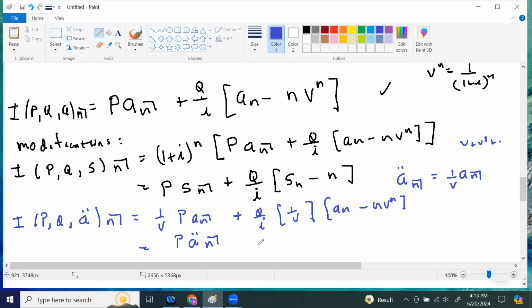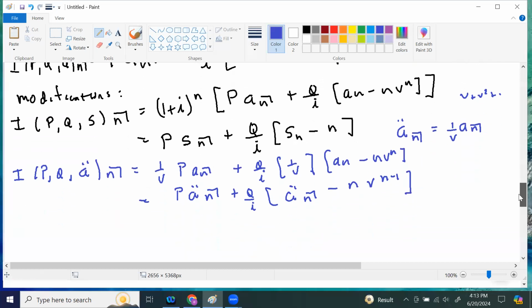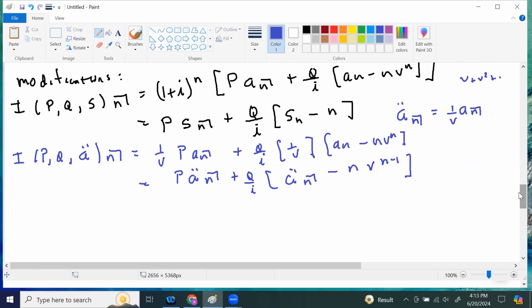And that's what we're doing here. And then the thing is, this is going to be minus n V to the n minus 1. Okay? So that gives you the formula for annuity due here. And let's see, there's one more thing I want to do in this thing.